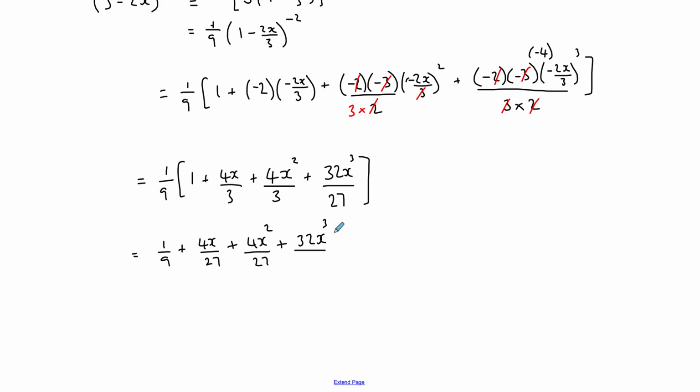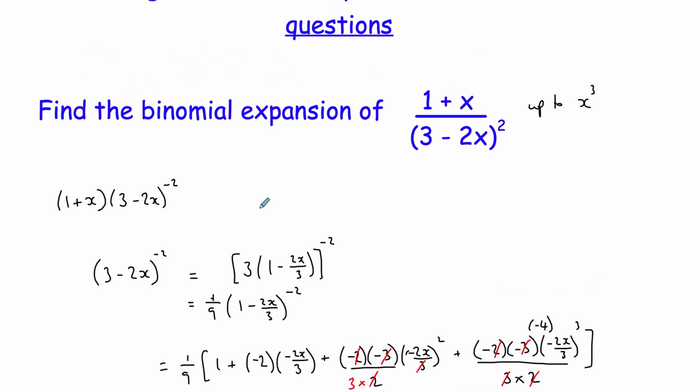Let me just check that. Yeah, 243. Okay, we've not finished because we've not times it by the 1 plus x. We need to times it by this 1 plus x as well.